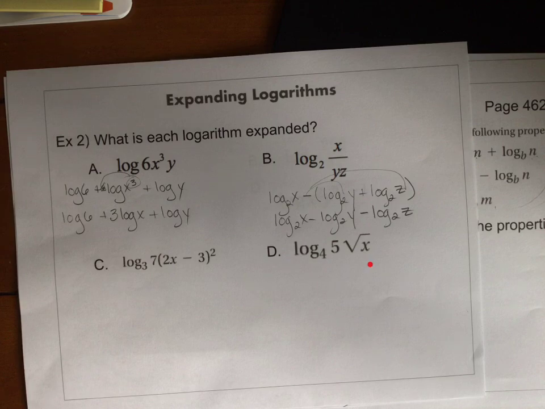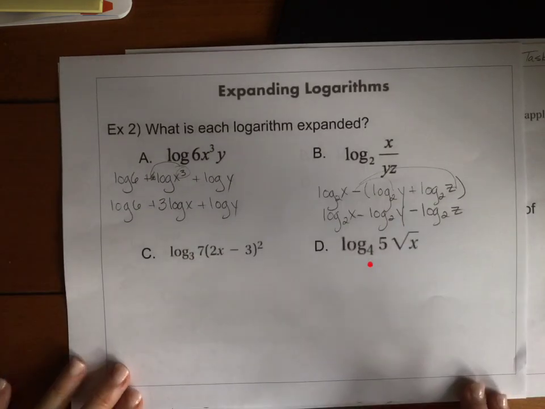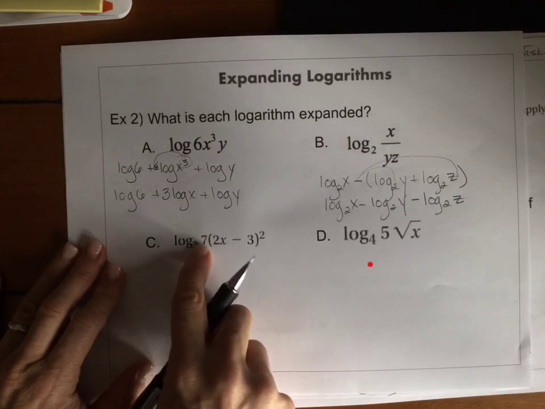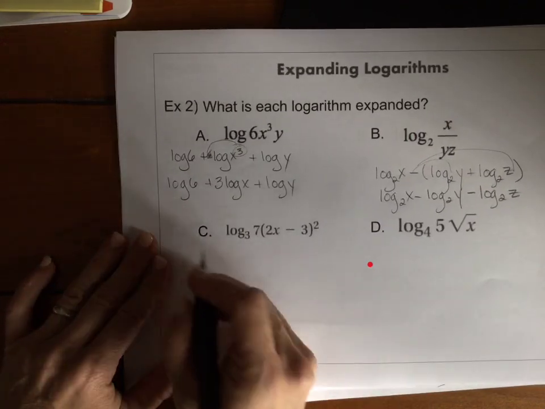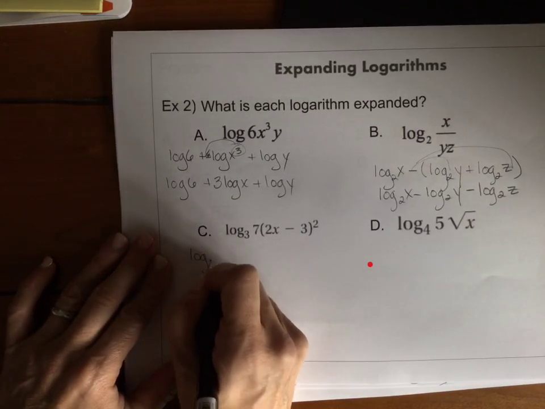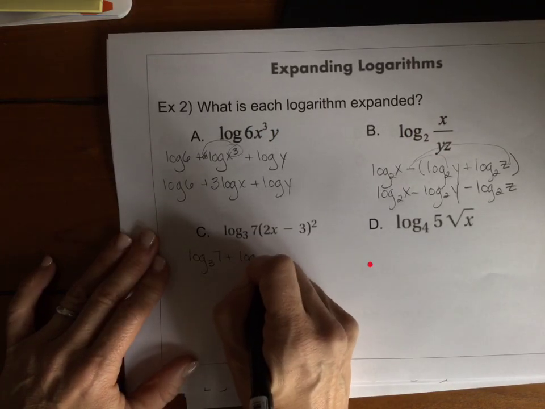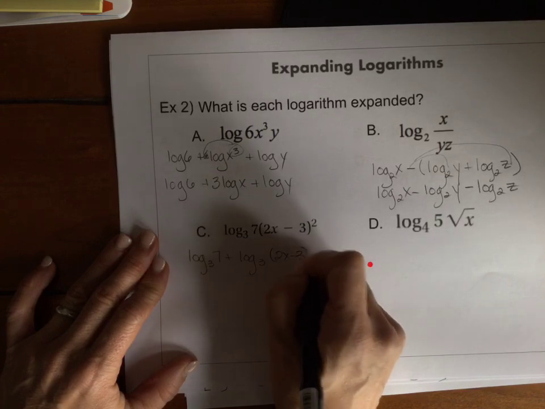All right, let's do the last two, and then I'll give you some time for practice. All right, log base 3, 7 is being multiplied by this. So my first step might be to say log base 3 of 7 plus log base 3 of all of this, 2x minus 3 squared.